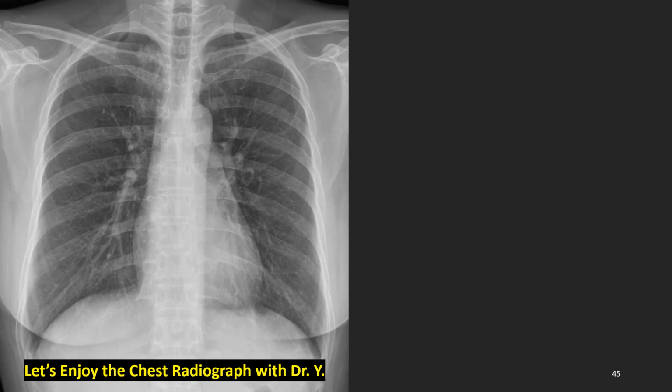How about this film? I'm quite sure you'll get it. You'll get them. You have confidence and ability and capability to find out the lesion in this chest radiograph. Yes, that's correct. The owl's eye, right side. You got it.